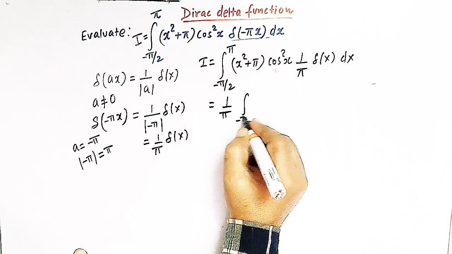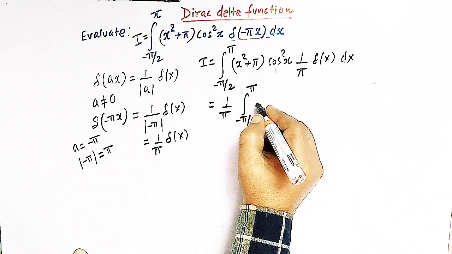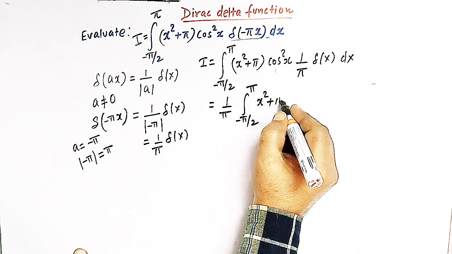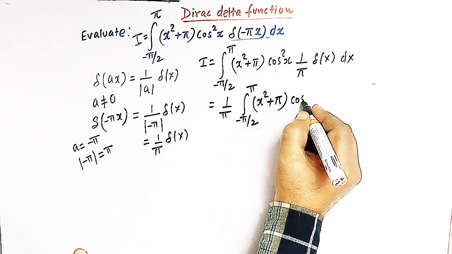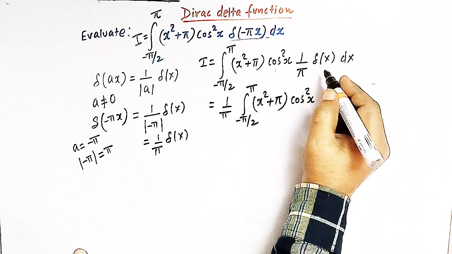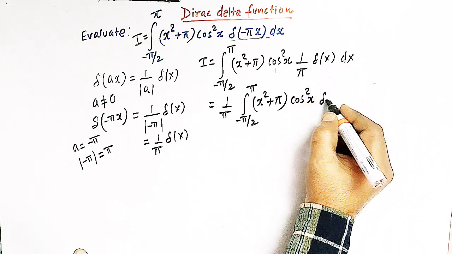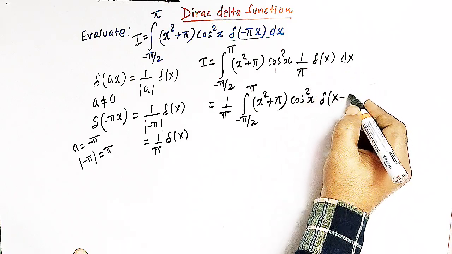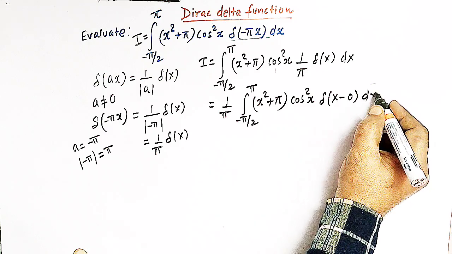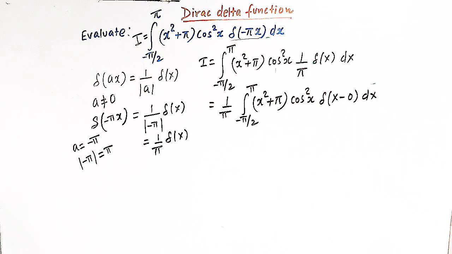We have minus pi by 2 to pi and x square plus pi cos square x, and here we have delta x. So delta x can be written as delta of x minus 0, and here we have dx.